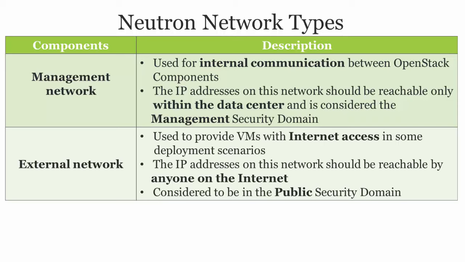So in this case, the external network can enable the virtual machines to access the outside. The IP addresses on this network should be reachable by anyone on the internet. Any users on the internet can access this kind of IP address because this is an external network address. So this is considered to be in the public security domain.